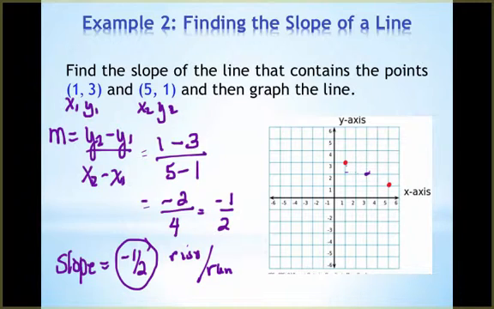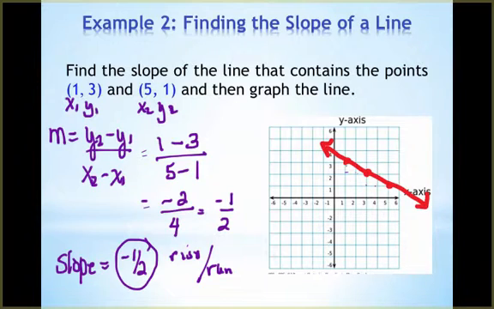But if I go from that point down 1 and over 2, that does get me to my second point of 5, 1. And all of those points, if we go ahead and draw our line in between there, all of those points are going to lie on that line with a slope of -1/2.